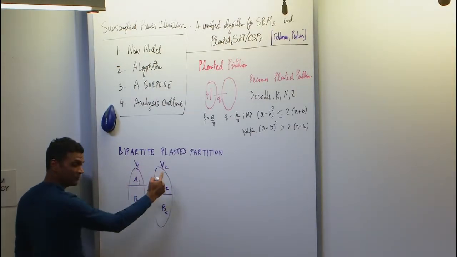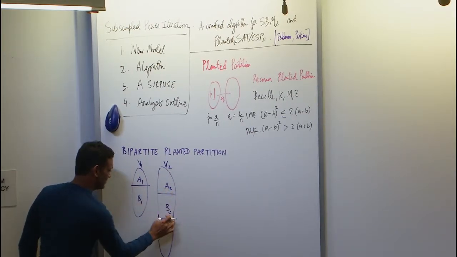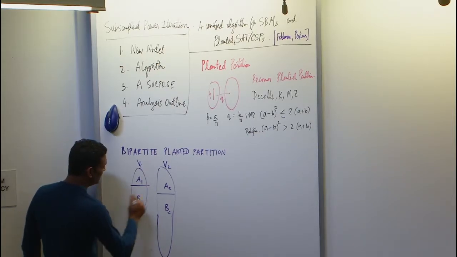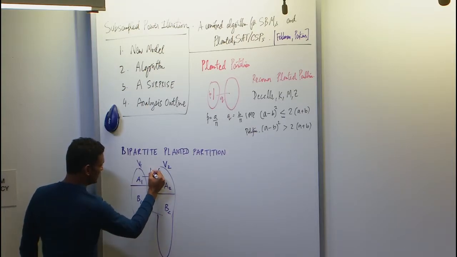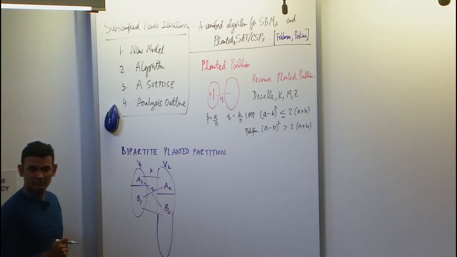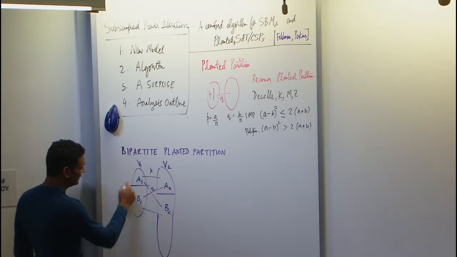The two sides don't have to be of equal size. In fact, to emphasize that, I will draw this figure. The edge probability between the B's is P, and across is Q. And the goal is again, let's say, to recover A1, B1.